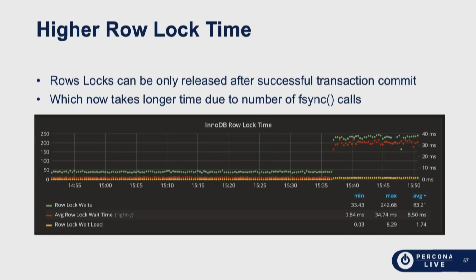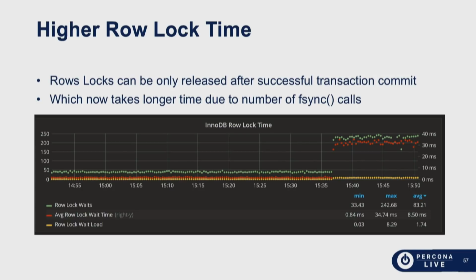Now, what we said here is that we have more deadlocks because we expect longer row lock waits, right? That's our speculation. Here we can see that the number of row lock waits spiked, like a lot more collisions, and an average collision is now much longer than it was, right?